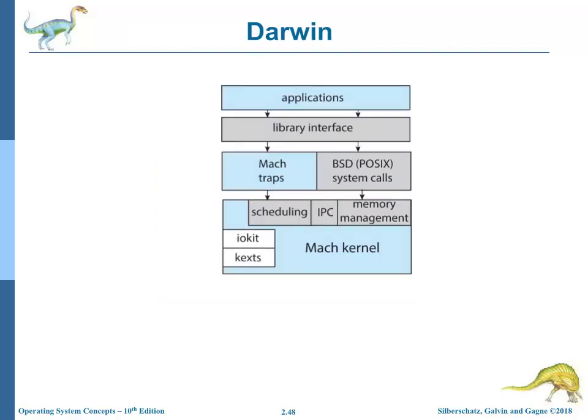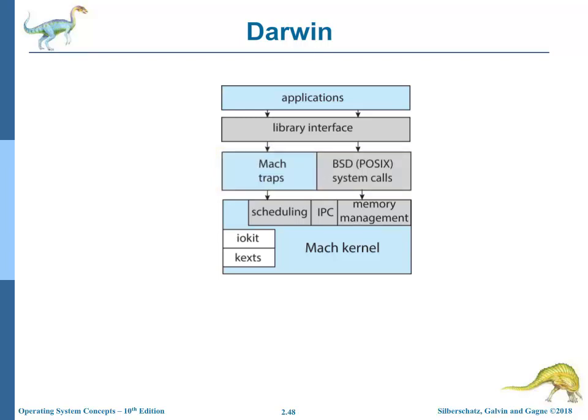Darwin uses a hybrid structure. It provides two system call interfaces, Mach system calls, also known as traps, and BSD system calls, which provide POSIX functionality.